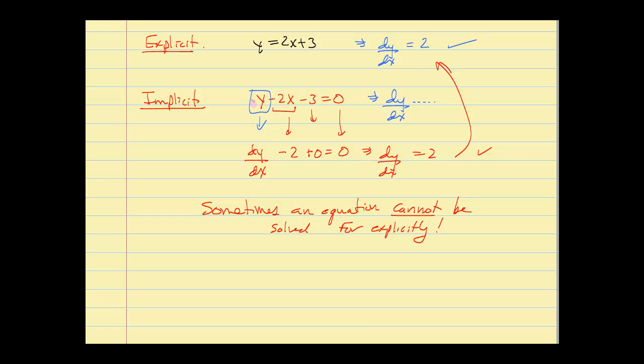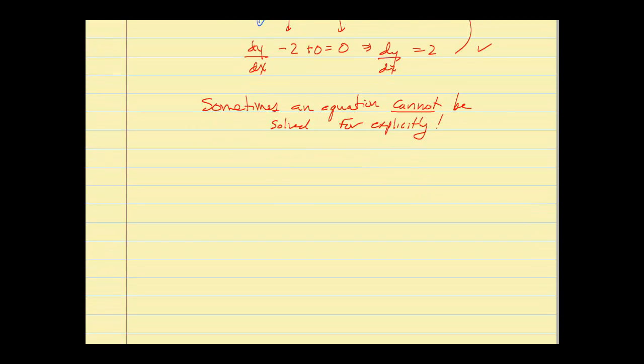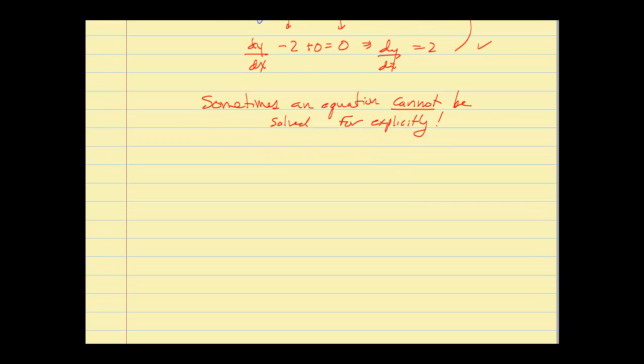I could have come up here and solved for y and gotten y equals 2x plus 3, solved for explicitly, and then taken my derivative. But not all equations can be solved for explicitly. Let's look at an example where this is the case.